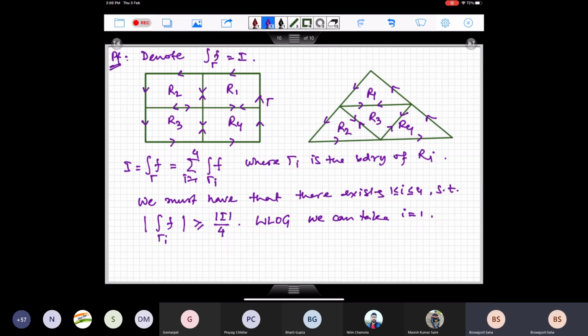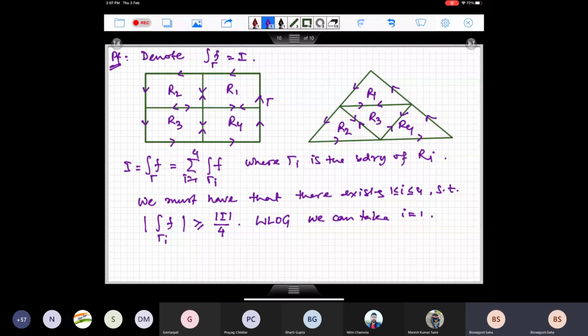So we are going to continue this process. Let's say, without loss of generality, R1 has the integral in absolute value bigger than or equal to mod I divided by 4.